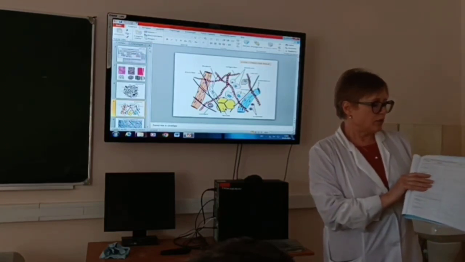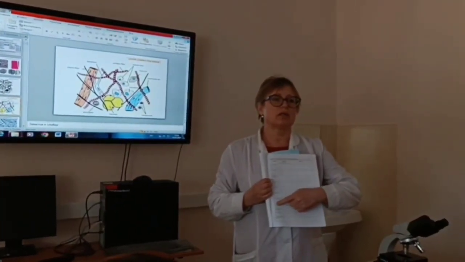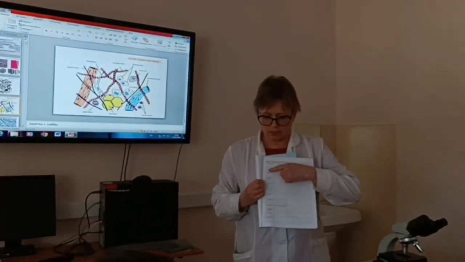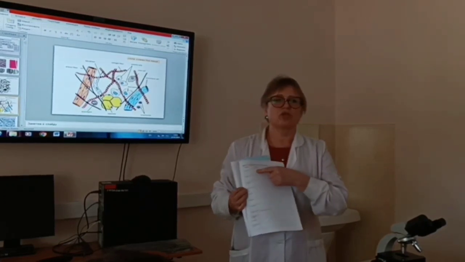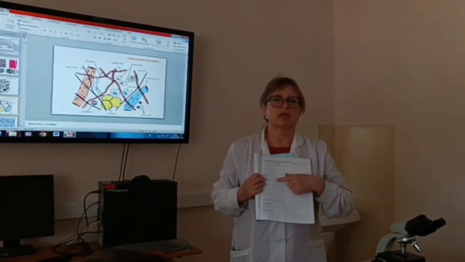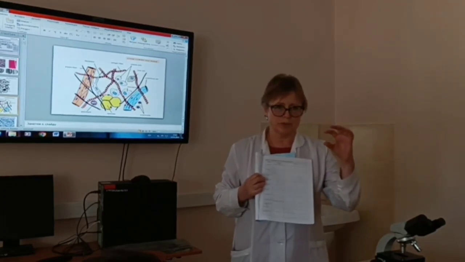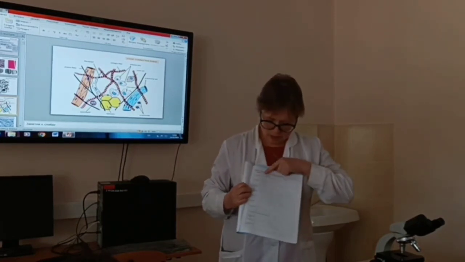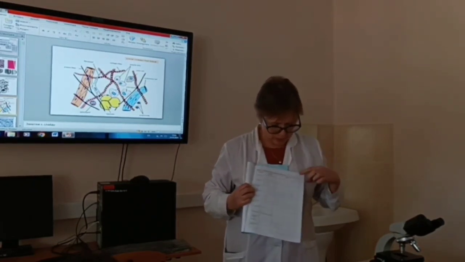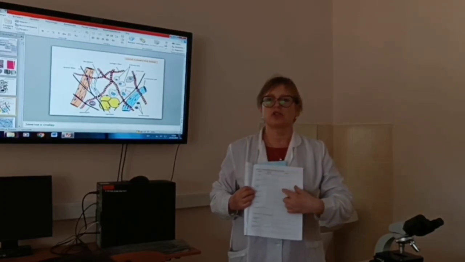Task 45. Here you can see names of loose connective tissue cells. In the second column, you should draw this cell using the electron microscopy view. And in the third column, you should write the function of this cell.